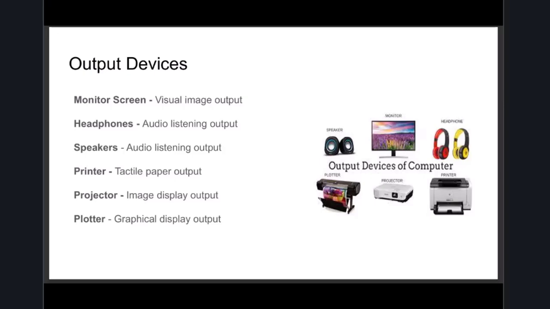Another type of common output device is a printer. This is where we can have output in the form of printed paper. We also can use projectors, hardware devices that allow us to display images, as well as plotters. A plotter is a hardware device that allows us to display graphical output.